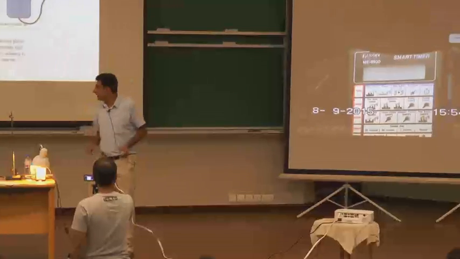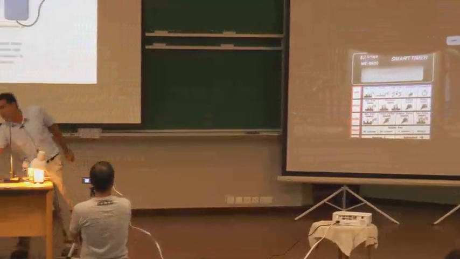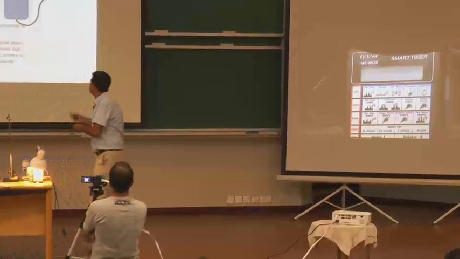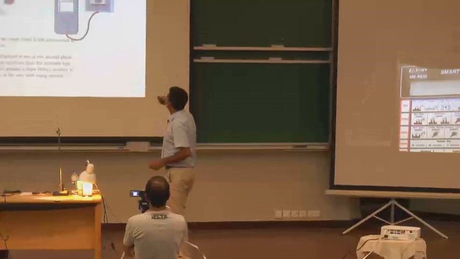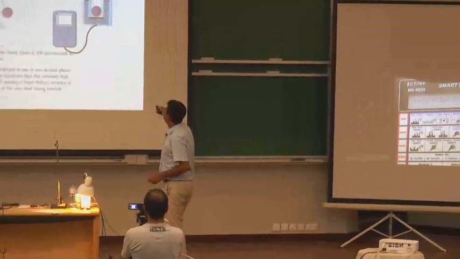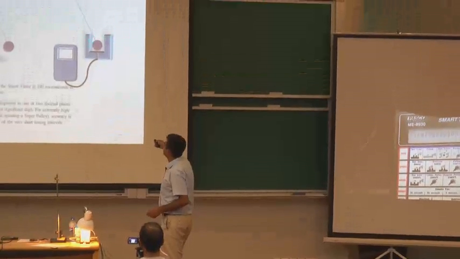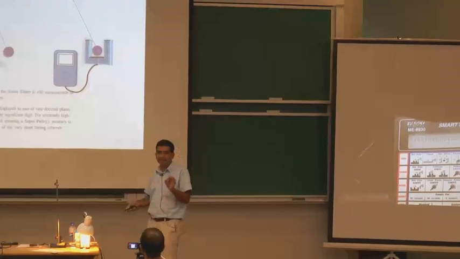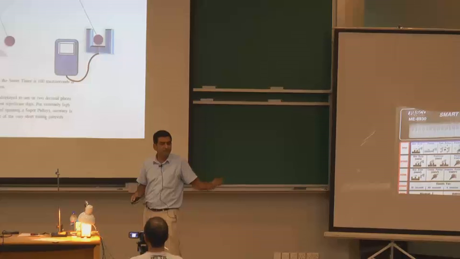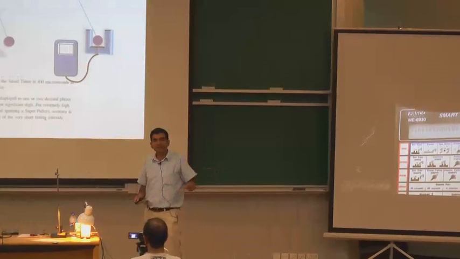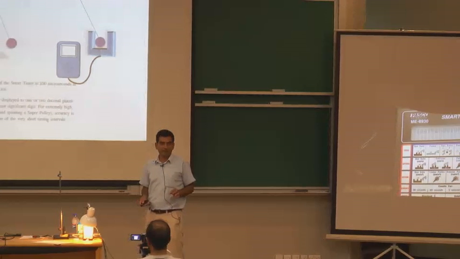When the bob of the pendulum intercepts this gate, there is an LED here and a photodetector here, so it looks at the time of interruption of the infrared pulse, and from that time it calculates the time period.